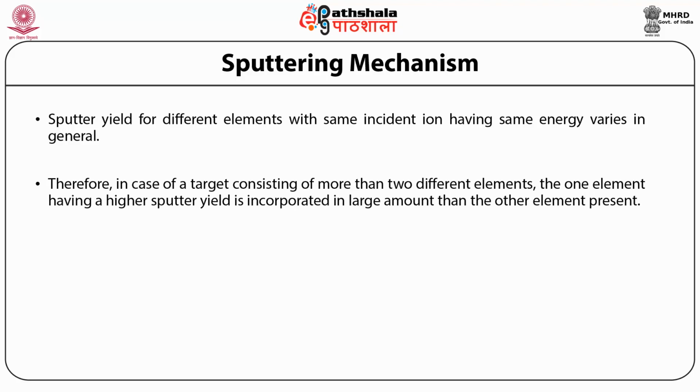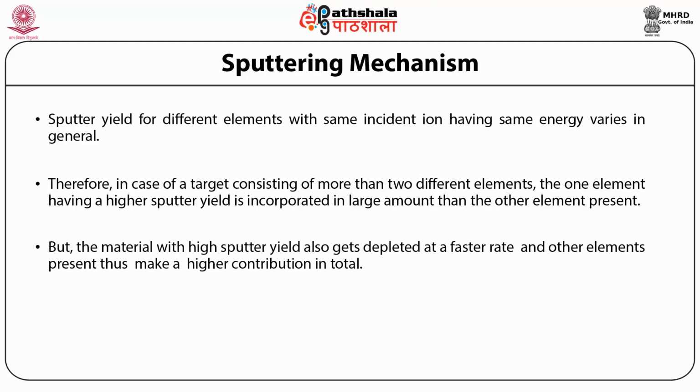Therefore, in case of a target consisting of more than two different elements, the element having a higher sputter yield is incorporated in larger amount than the other element present.